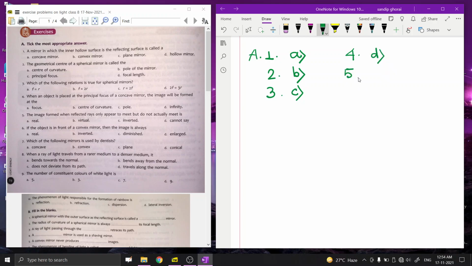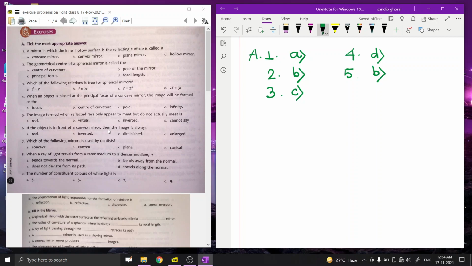Now we move to question number 5. The image formed when reflected rays only appear to meet but do not actually meet. It is a very simple question. The answer is virtual, that means option B, because we know the definition of a virtual image.